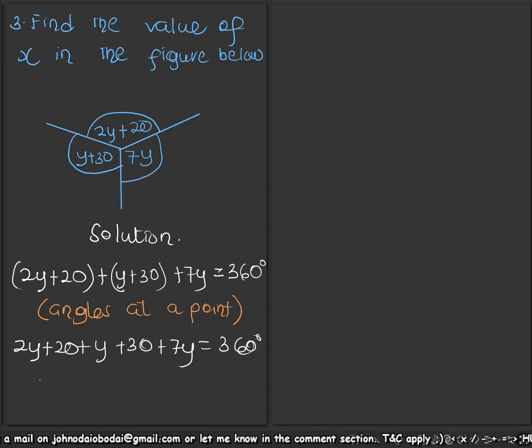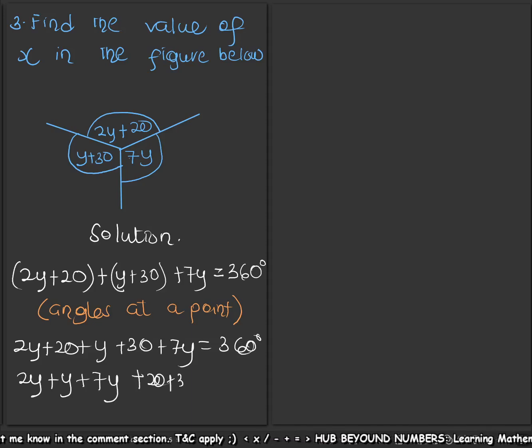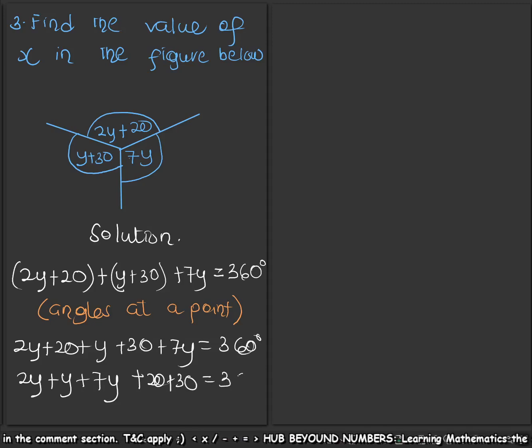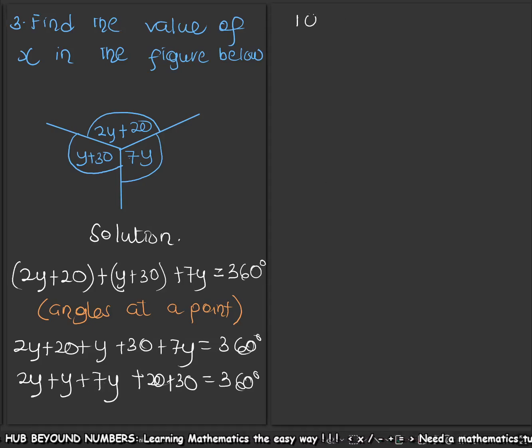Then you group your like terms. So you have 2y plus y, then plus 7y, plus your 20 plus 30 should give you 360 degrees. Simplifying further, 2y plus y plus 7y should give us 10y.